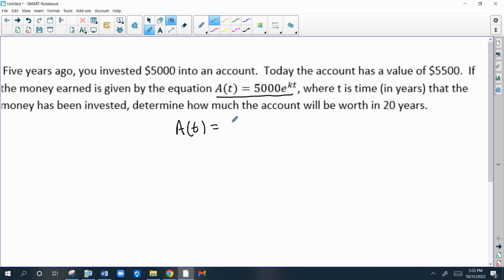So I'm going to use this initial condition. They told us that 5 years ago, you had 5,000 and today it's worth 5,500. So that means the account today is 5,500.